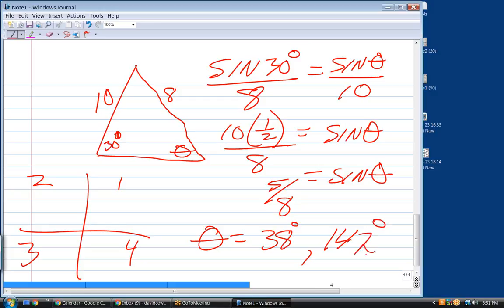And if you don't believe me, put into your calculator, what's the sine of 142? Not the inverse, but the sine of 142 degrees. 0.625, right? So the sine of 38 degrees is the same as the sine of 142 degrees.